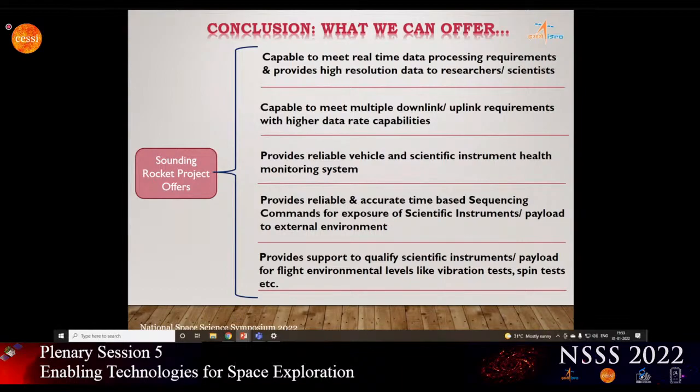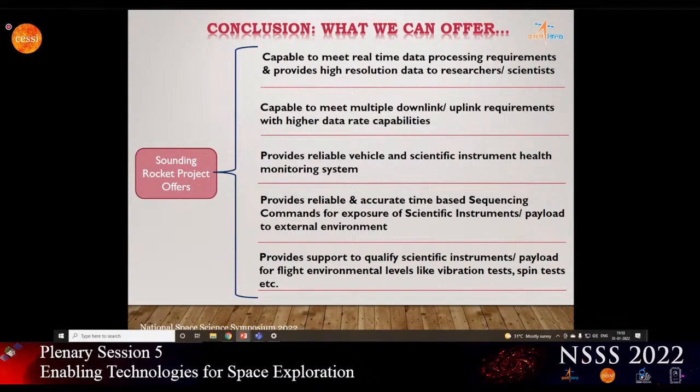Most importantly, vehicle as well as scientific instrument health monitoring is also available, and scientists can have real-time display monitoring of their instruments throughout the flight regime, and after that they can easily do a PFA, post-flight analysis. Sequencing commands, typically of the order of 20 milliseconds, are also available.